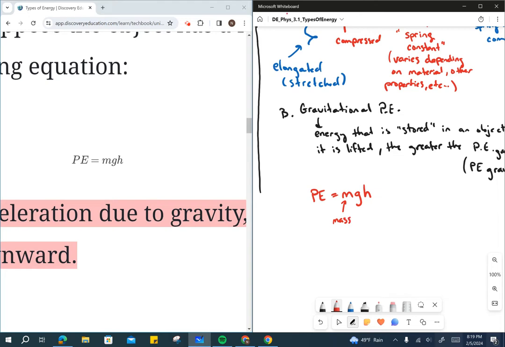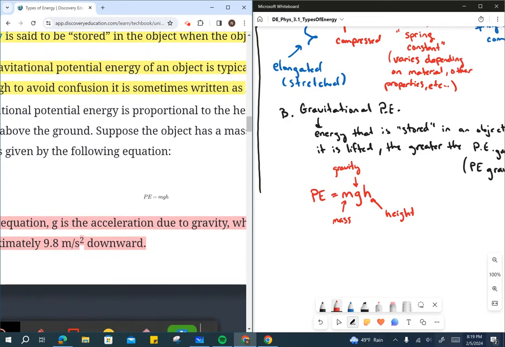Mass, gravity and height. Okay. Gravity, the acceleration due to gravity, equals 9.8 meters per second squared.